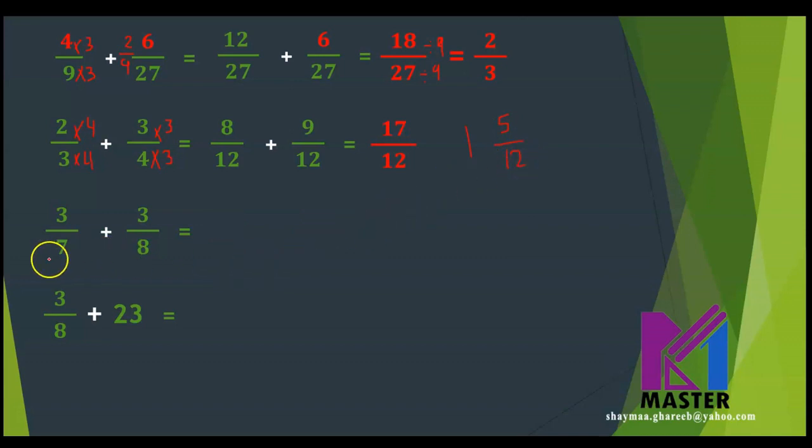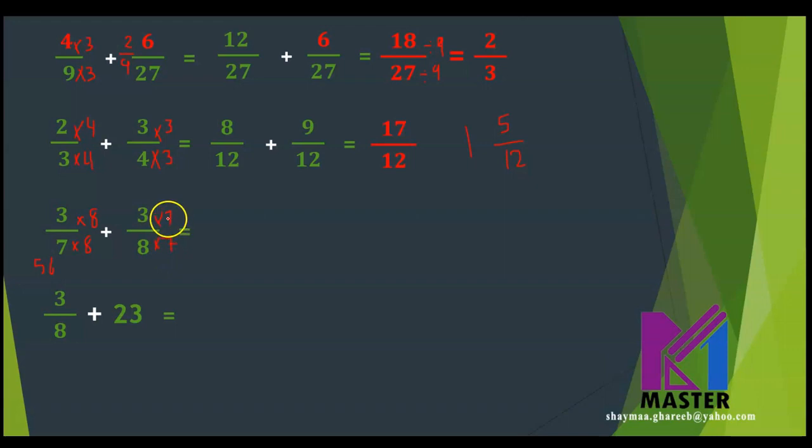For the second fraction, 7 and 8, I need to think of a common multiple between the 7 and the 8. What is the least common multiple? It is number 56. So I will change the 7 to be 56 and the 8 to be 56 by multiplying here by 8 up and down, and multiplying the other fraction by 7 up and down.